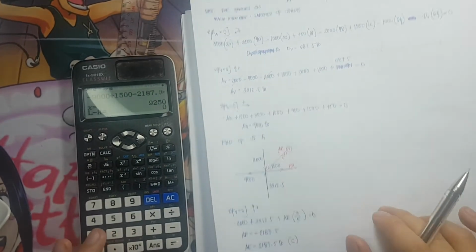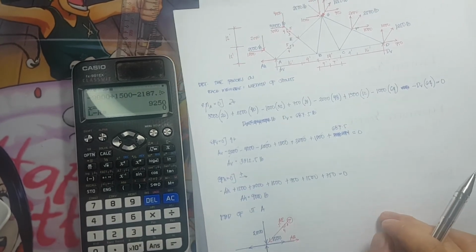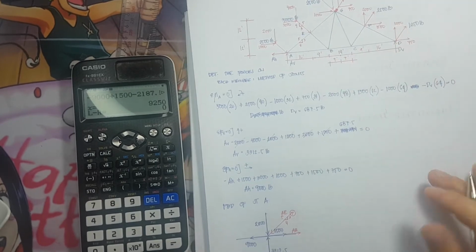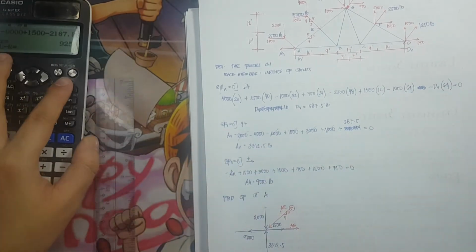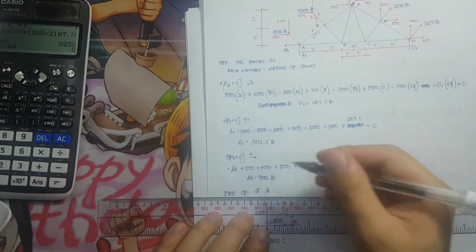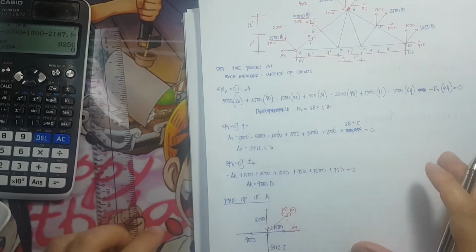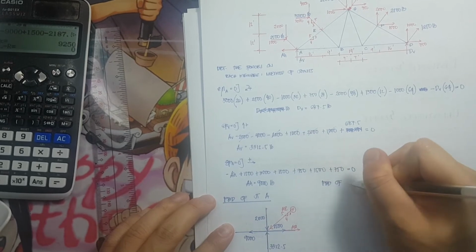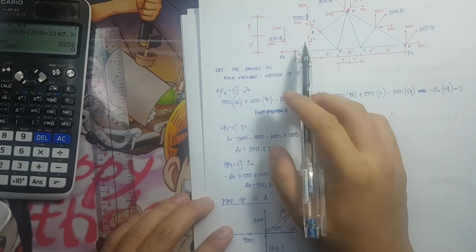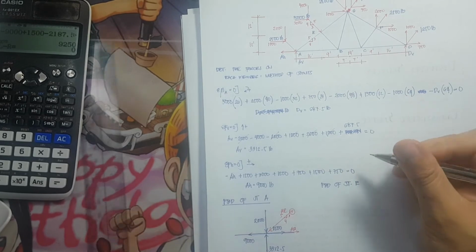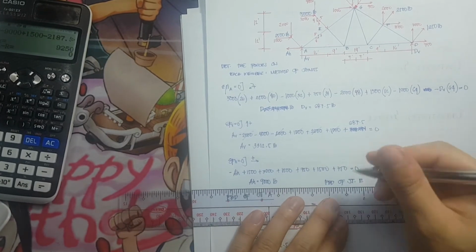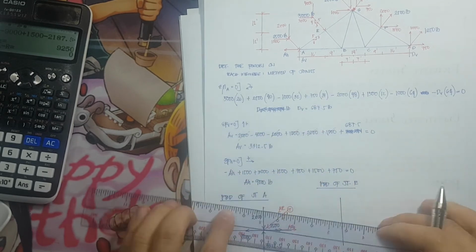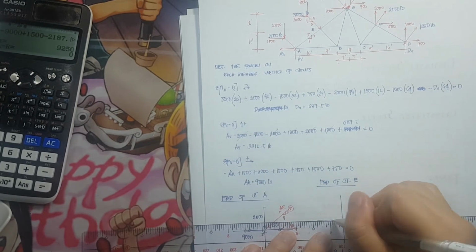Okay. Next would be joint E. So we have here the free body diagram of joint E. What are the forces present?